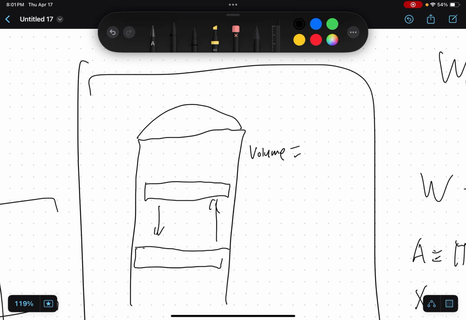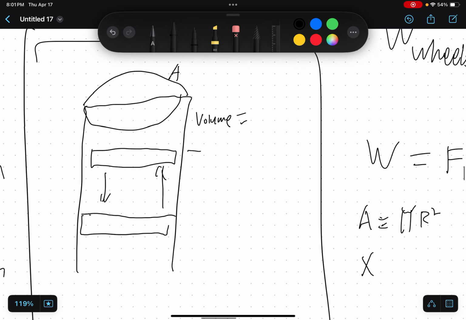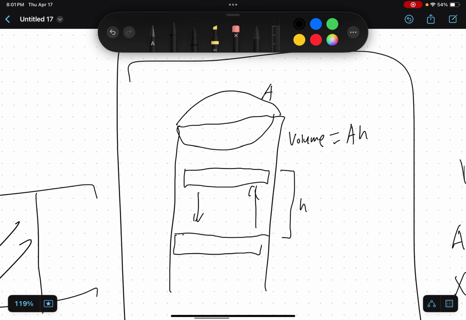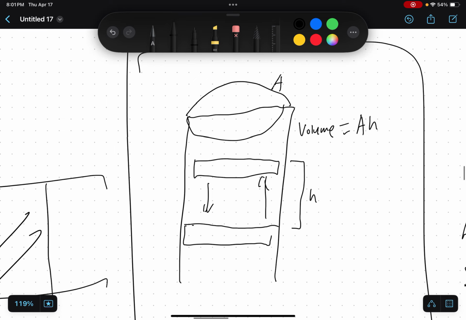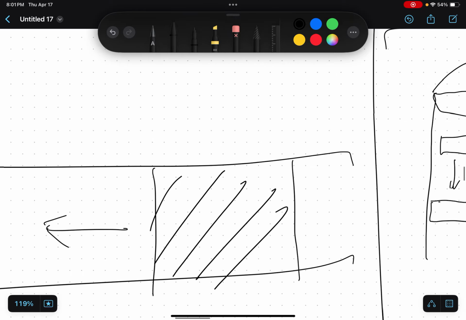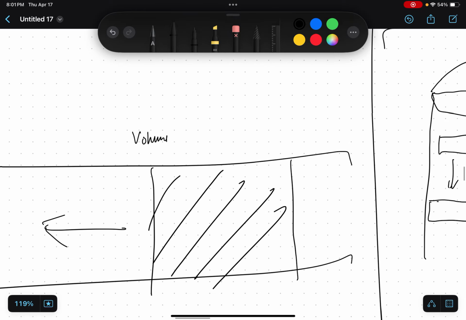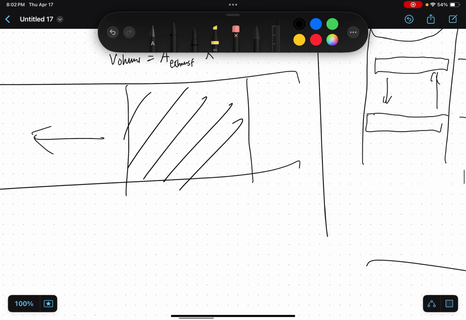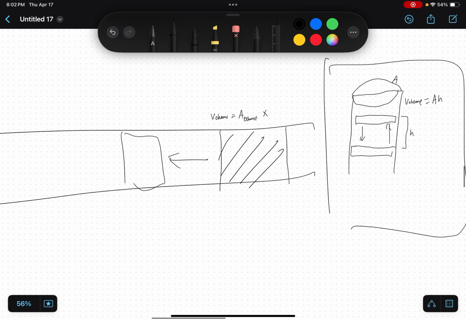I'm gonna call this an area, and then this will be H. So it's area times height. That's the volume of air that you push out of your piston when you push it into the exhaust. And that volume also has to equal A of the exhaust times X, and X is this distance.